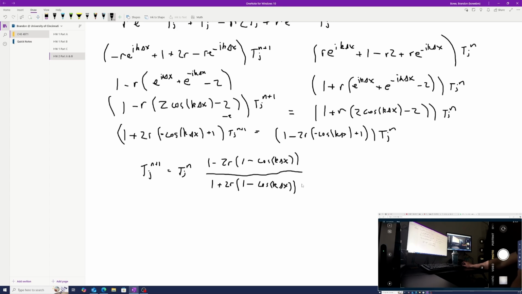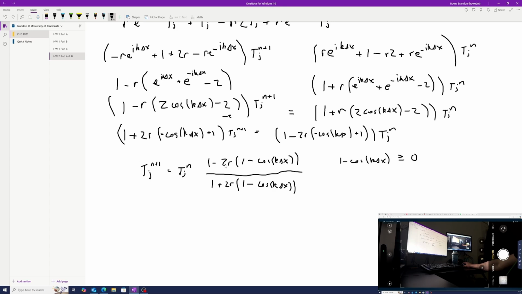So what we can see here is that we know for a fact that these two things will be true. The value of our cosine cannot go beyond 1, meaning 1 minus cosine k delta x is always going to be greater than or equal to 0.